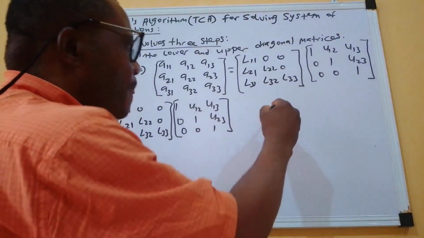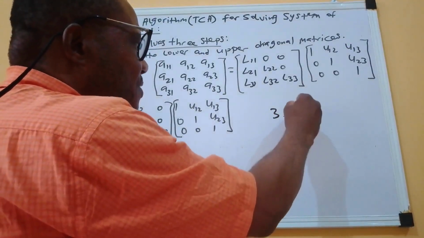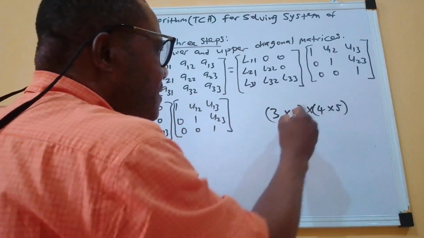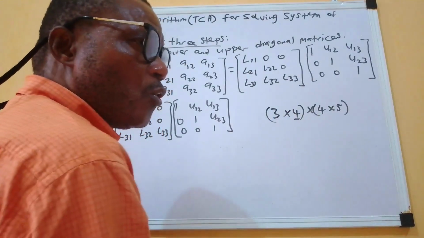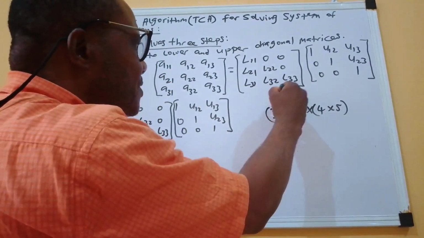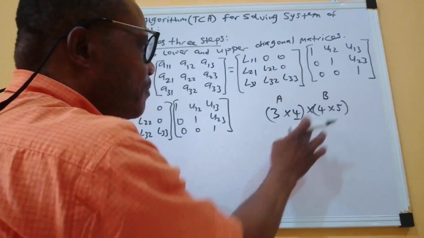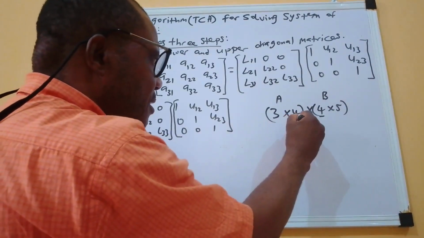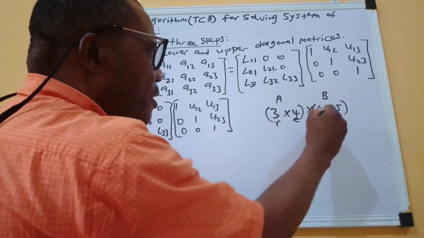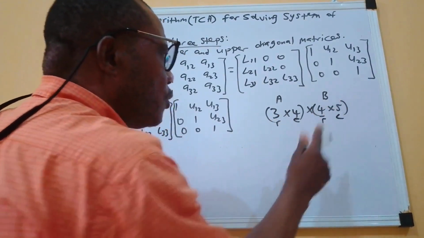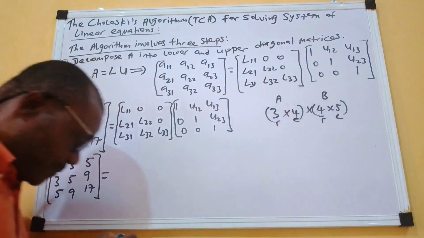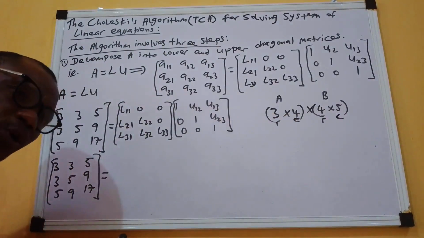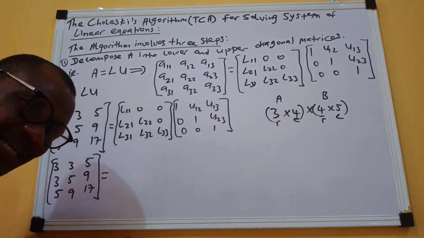I give you an example. If I have a 3 by 4 matrix multiplying a 4 by 5 matrix, for instance, this is the number of columns in the first matrix. You can call this matrix A, you can call this matrix B. Then this is the number of rows in the second. The number of columns in the first matrix must be equal to the number of rows in the second matrix.